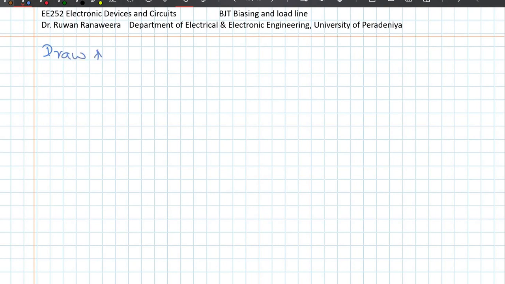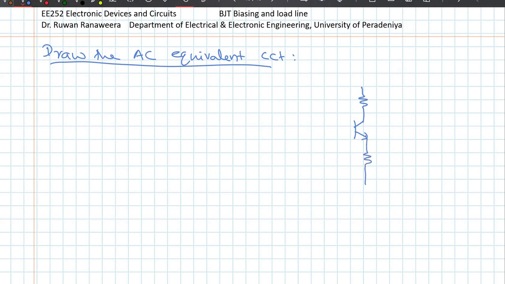Draw the AC equivalent circuit. We have two open circuit inductors, short circuit capacitors, and short circuit DC voltage sources. So what do we end up with? We have the resistor here, we have the transistor, we have two resistors, but one of the resistors has a capacitor bypassing it, which is a short circuit.